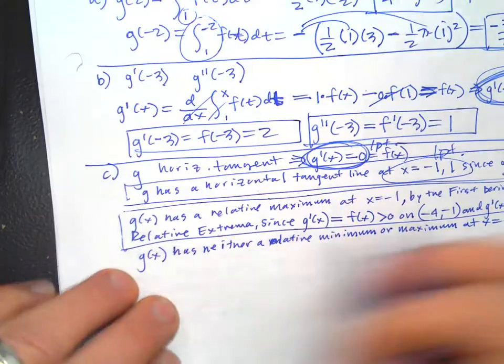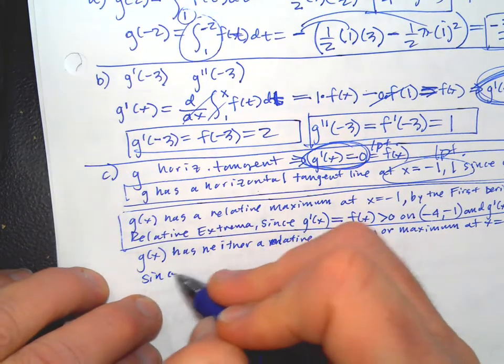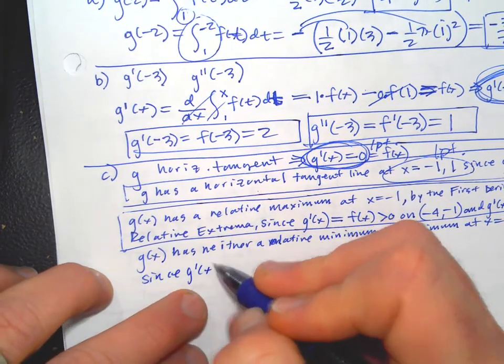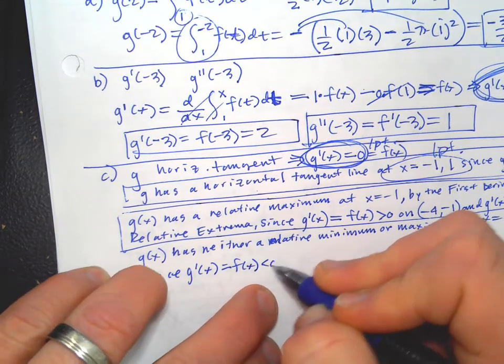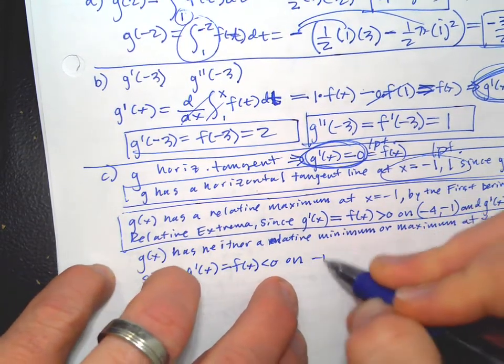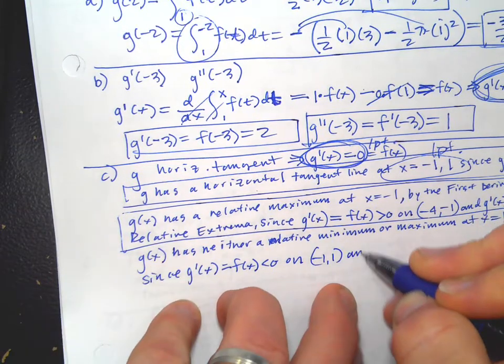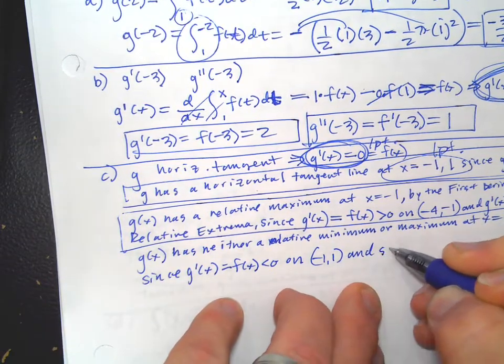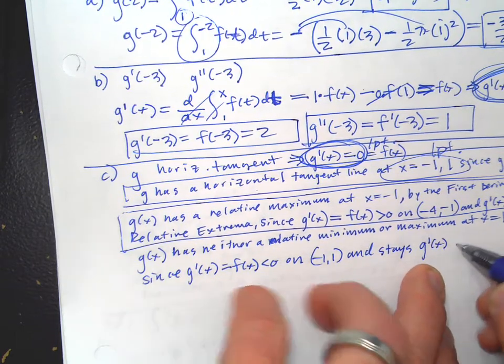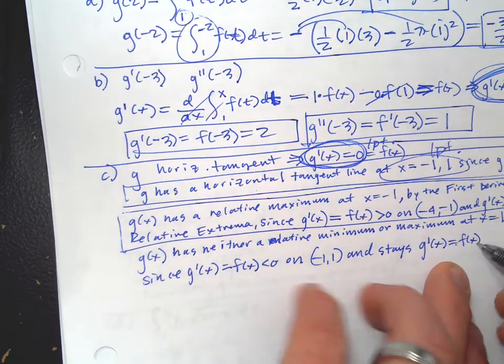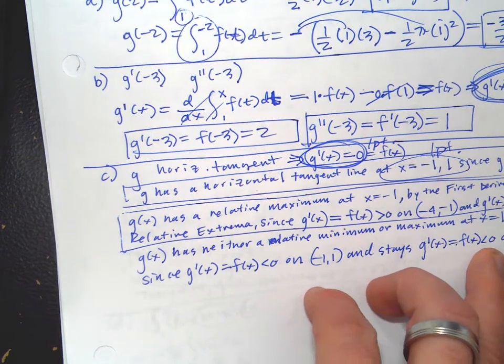Why? Since g prime of x, which equals f of x, is negative on the interval negative 1 to 1 and stays negative, g prime of x equals f of x less than 0 on the interval directly after it, 1 to 3.